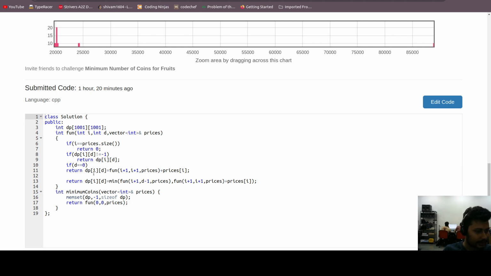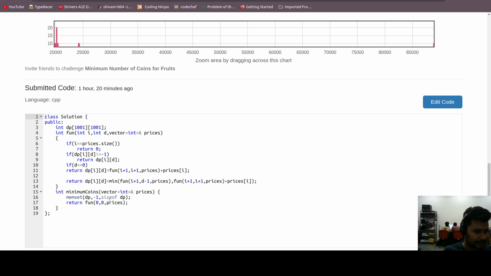And here we are using a 2D DP array to remove repeated calculation. We make a 2D array of size 1001, because the maximum array length is 1000, plus 1 because of one-based indexing.